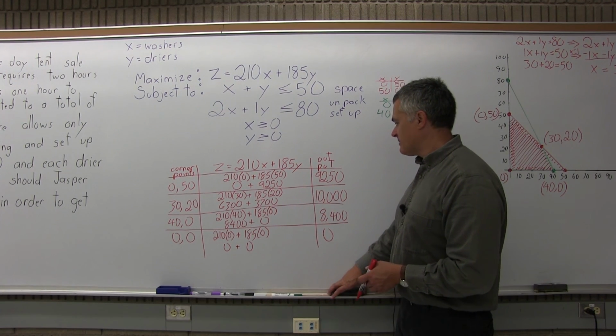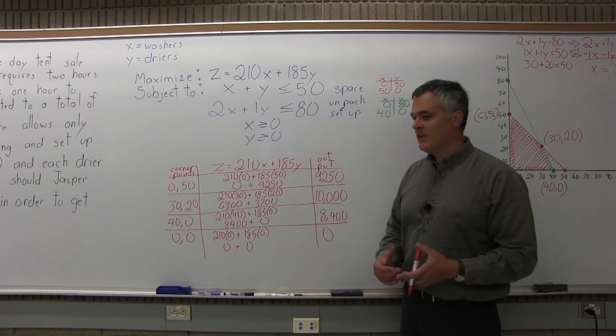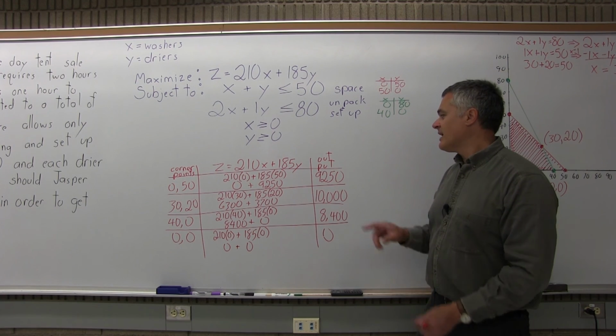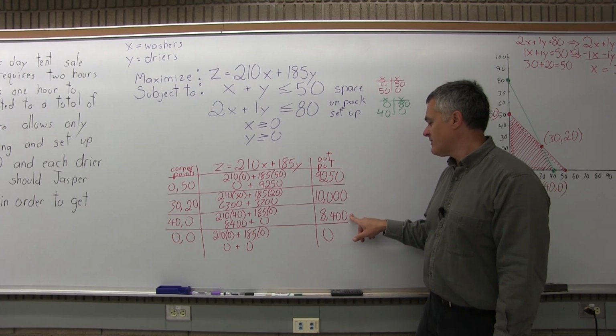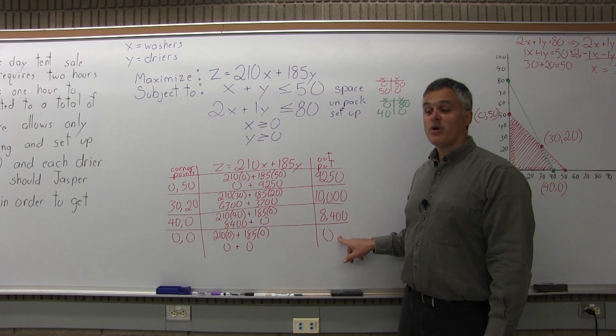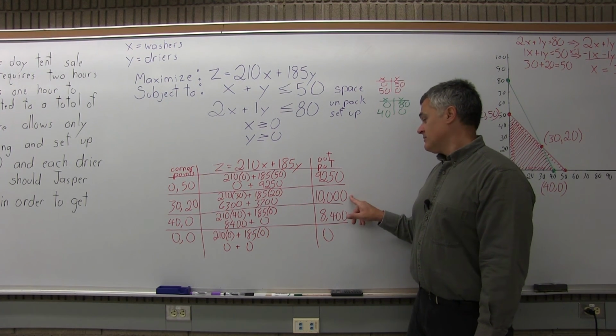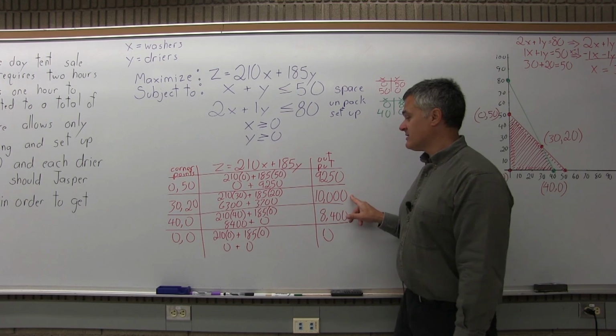Now, the final step, state your solution. The possible answers we can get are a profit of $9,250, a profit of $10,000, a profit of $8,400, or a profit of 0. Well, the best one is the profit of $10,000.